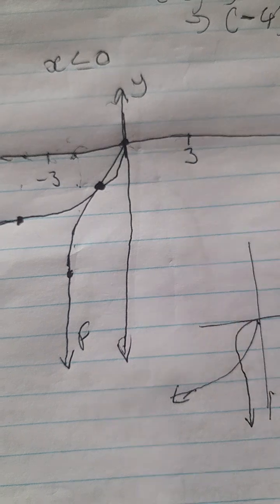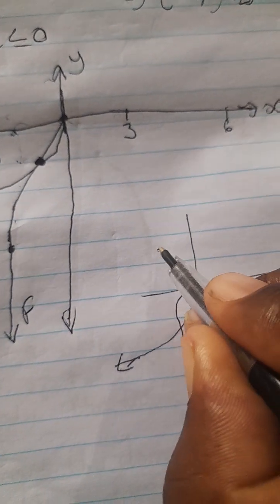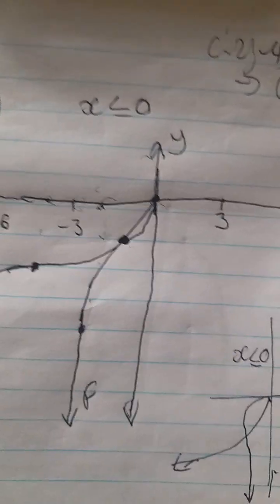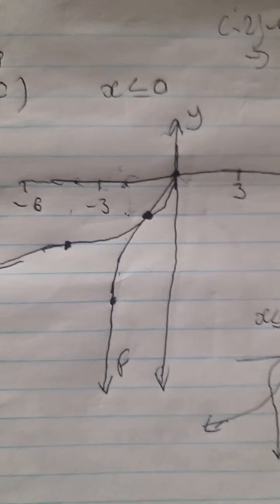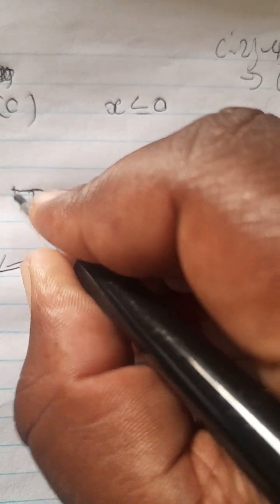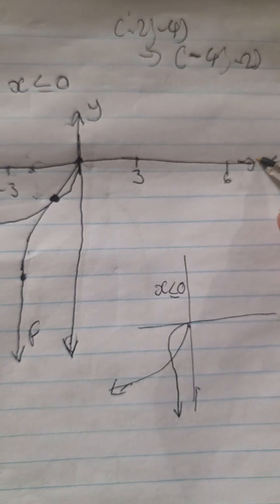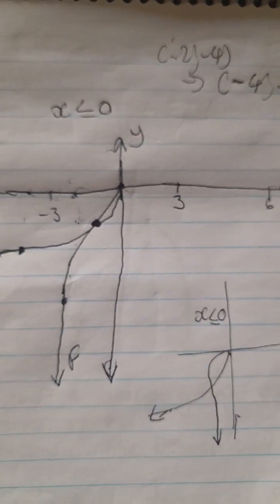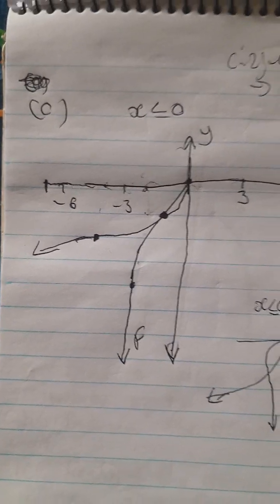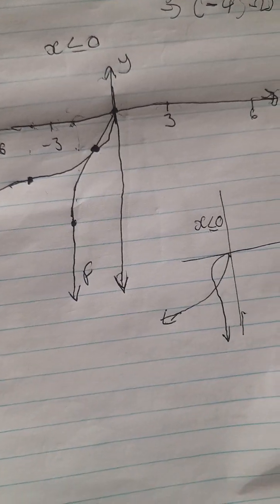X is less than or equal to 0. But you'll follow your coordinates, then you'll have a proper sketch. I'm not good at drawing, but I'm just helping you to know how to interpret. I think I'll have to work on that as well, because there's also room for learning, right?